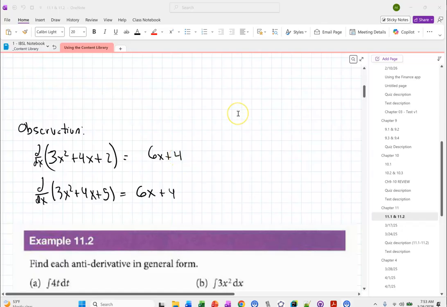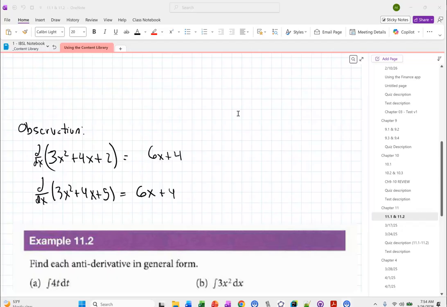All right. So an observation here. Notice that if I take the derivative of 3x squared plus 4x plus 2, and I take the derivative of 3x squared plus 4x plus 5, I get the same result, right? Both of them are 6x plus 4.